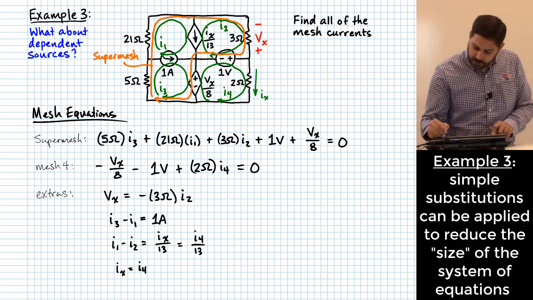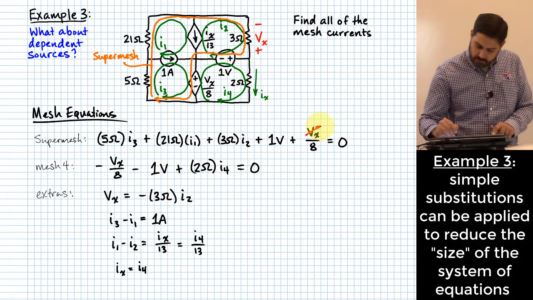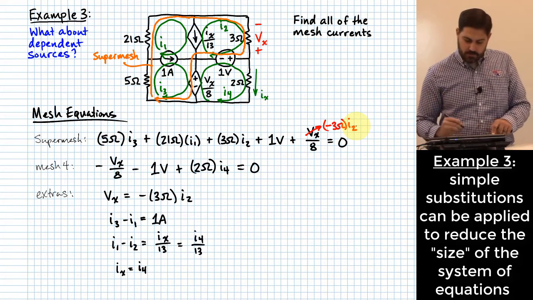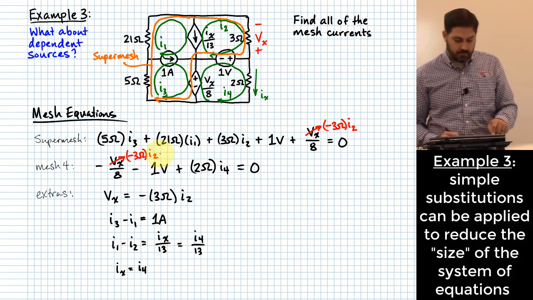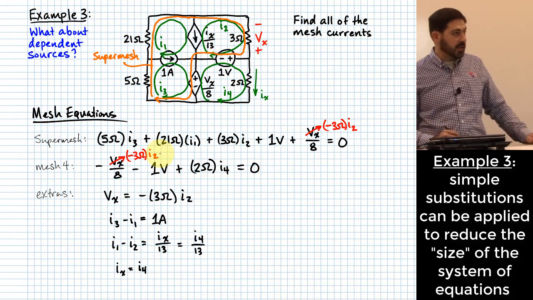Would it be valid for me to go in and substitute in everywhere I have a Vx and substitute in minus 3 ohms I2? I can do that there, and I can do that right here, minus 3 ohms I2. What does that functionally do now with Vx?